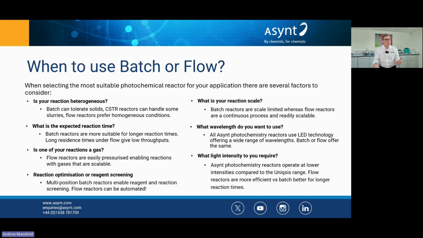So having a system where we can choose the intensity of our light source, whether that's dialable, whether that's having a variable control to change the light intensity, or just access to low and higher light sources, really gives you the breadth of light intensity that you might need. So hopefully that's given you some indication of where you'd want to go with your photochemistry reactors.